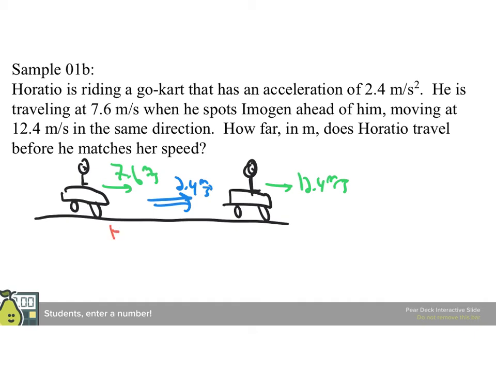But now what we want is this delta x, right? So we'll start off by saying x initial we can always set to 0. So now we're really looking for Horatio's final position. Notice that we know something that the problem here doesn't tell us explicitly.